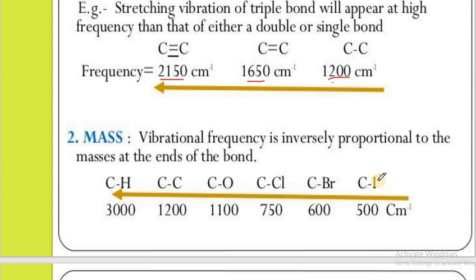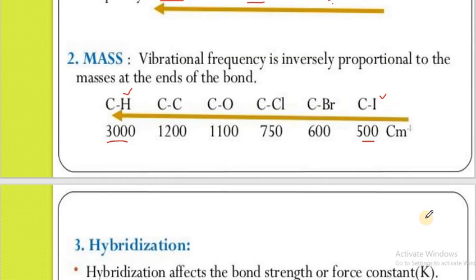As we move down the group, the masses increase, so it has the greatest mass, then this, then this. Hydrogen has less mass as compared to these other atoms. So vibration frequency is inversely proportional. So this has 3000 vibration frequency and this has 500, the frequency at which the atoms vibrate.